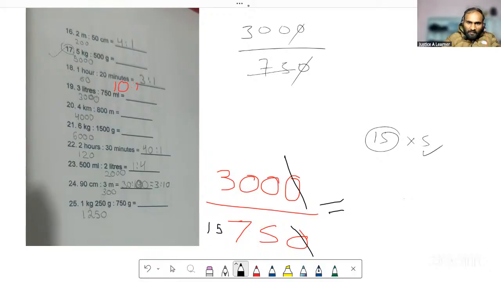So 5 1s are 5. Now how much is remained? 2 carry over. It will go here, right? 5 out of 7 is 2, right? So 2 carry over. So it would become 25, isn't it? Yep. So 5 5s are 25.